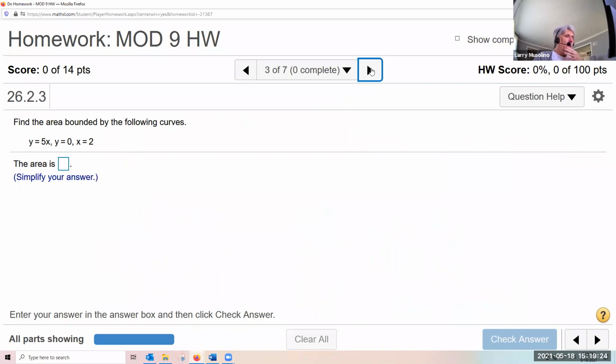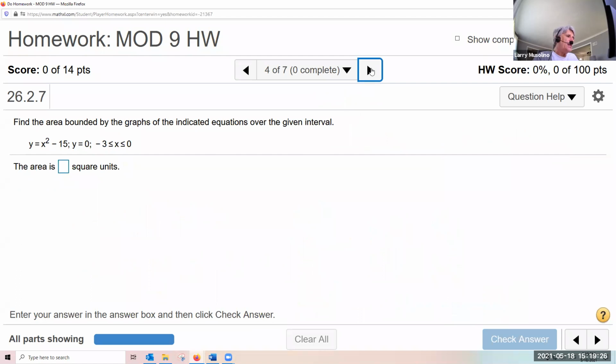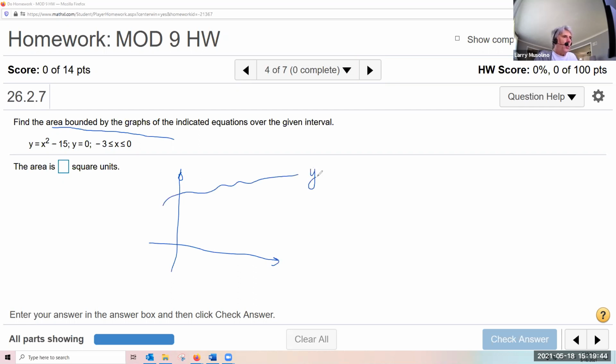All right, well, the remaining questions are going to ask you to find the area between two curves. Notice here it says find the area bounded by the graphs. Well, what this is asking you to think about is, let's say you have two functions. I'm going to call this y sub 1, and I'll call this y sub 2.